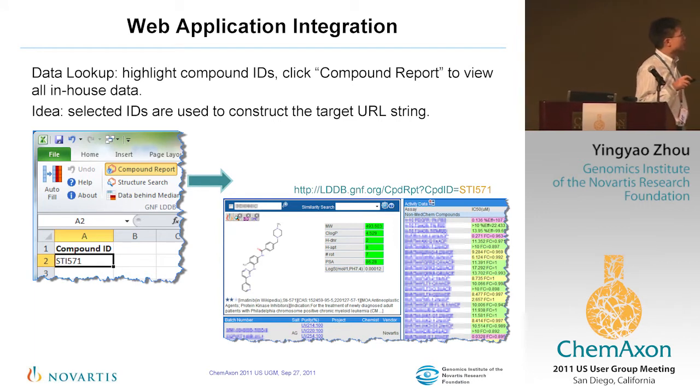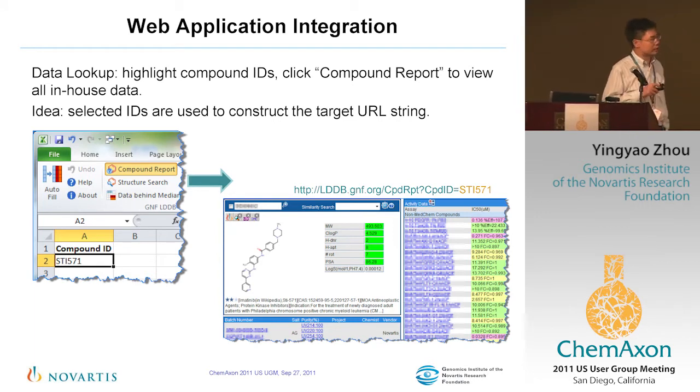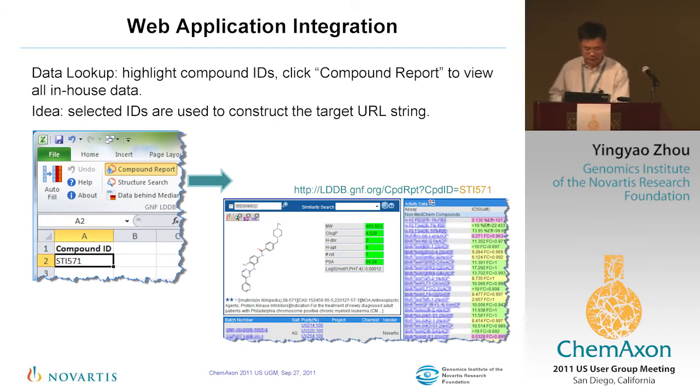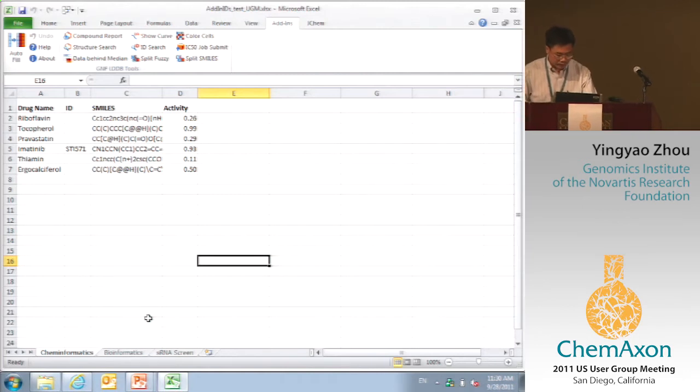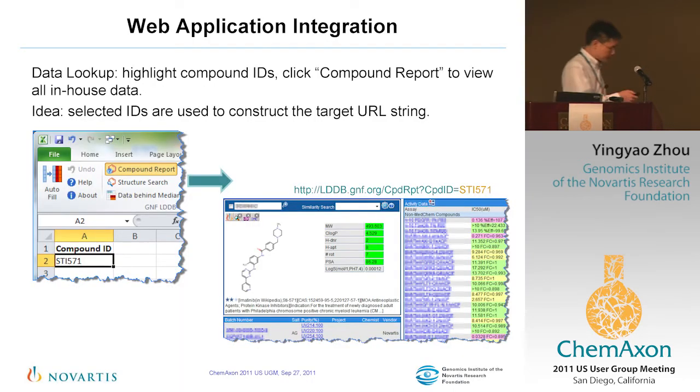So what the Excel add-in enables you to do is this. Our add-in looks like this. When we have our custom Excel add-in installed, this is the Excel, and you see a panel of buttons and functions there. What scientists can do is first click on the compound of interest, then click on a button called compound report, and then IE will just open up that page.